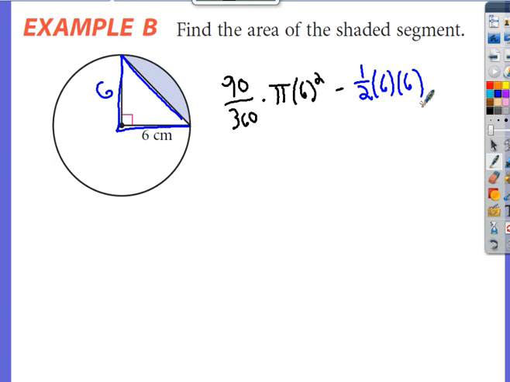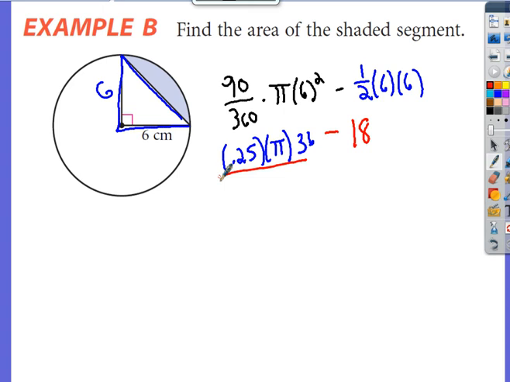So now we just plug and we chug. 90 divided by 360 is 0.25 times pi times 6 squared, which is 36. And you're going to subtract 1/2 of 6 times 6. So it's really 36 divided by 2, which is just 18. So we come back to this part and we do 36 times 0.25.